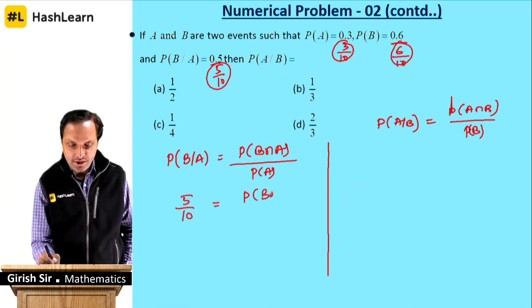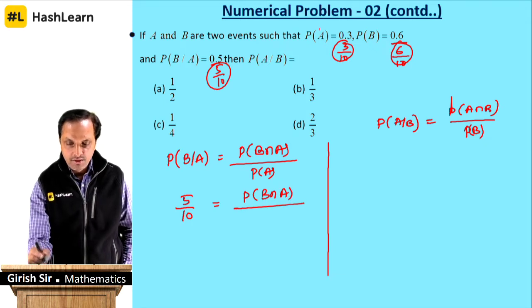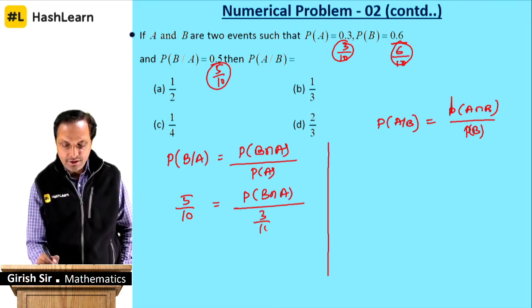Probability of B intersection A we don't know. Probability of A is 3 by 10.